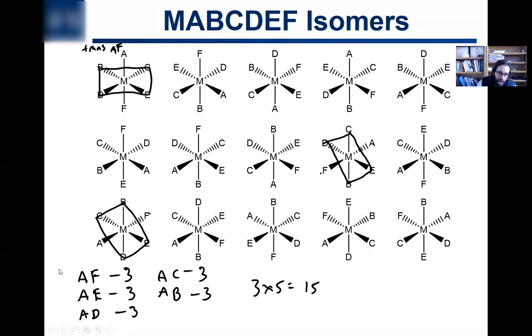Basically, for every ligand, you can be trans to 5 different other ligands, because there's 6 total in octahedral. And the square planar equivalent complex that's within that, once you fix your trans, has 3 different isomers. So 5 times 3 is 15.